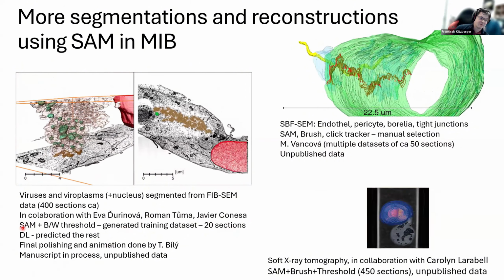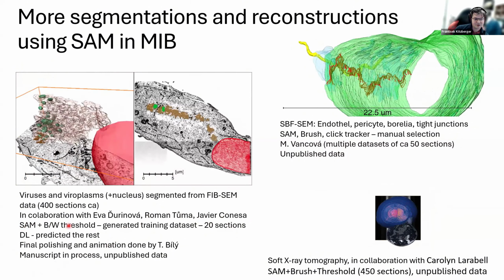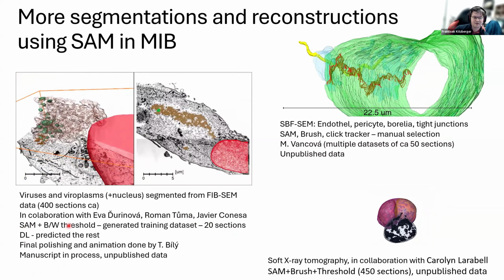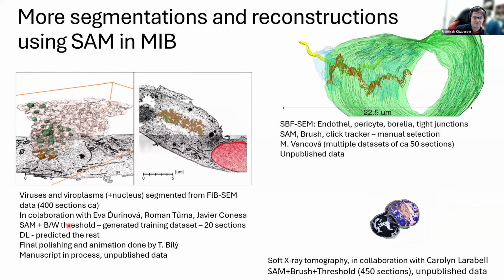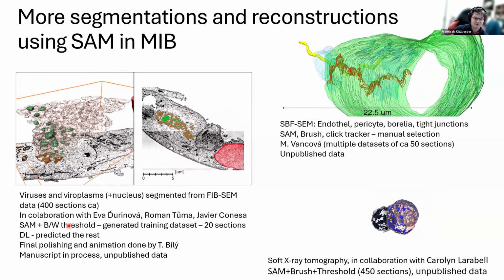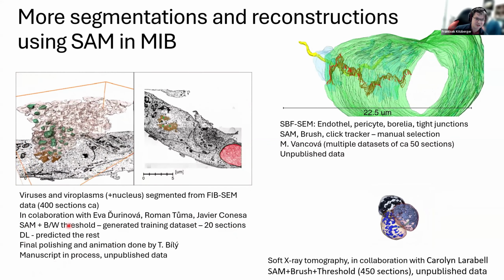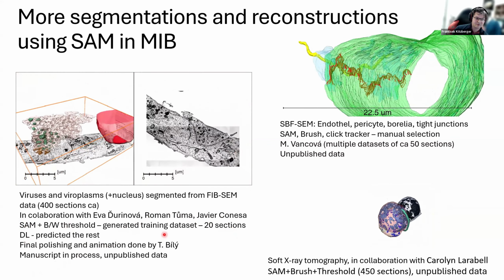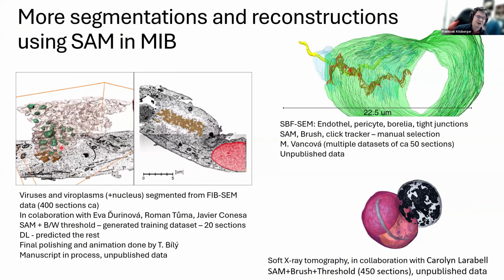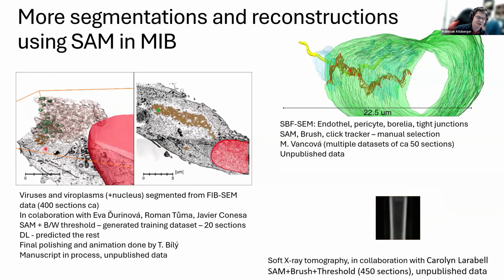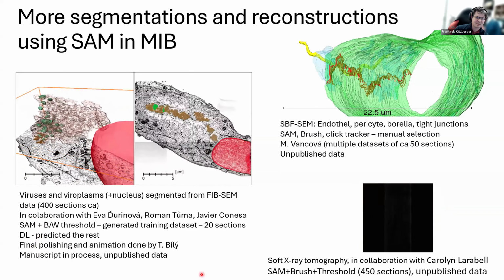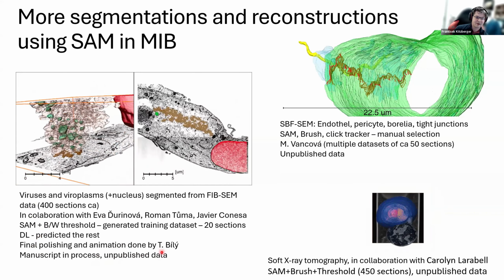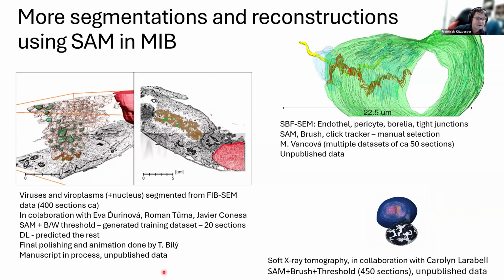It was segmented with Segment Anything and black-white threshold, which generated, from 400 images, about 20 of them for the training data set in a couple of minutes. Then it ran a couple of hours for the training without my presence. And this is basically the result, how it was predicted, of course after some polishing. And I have to say that the final polishing and the animation of this was done by my colleague Tomáš.